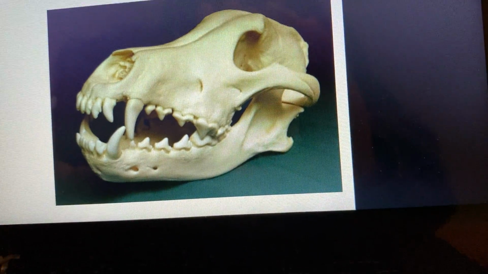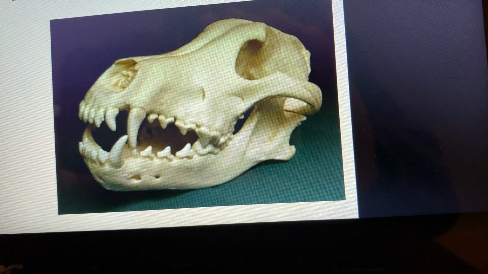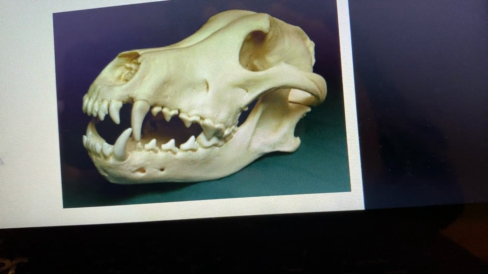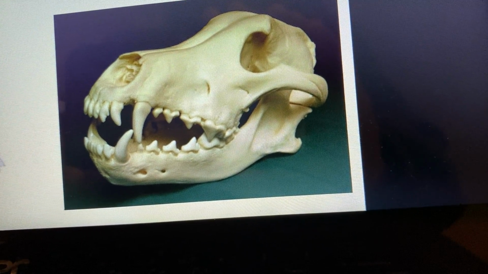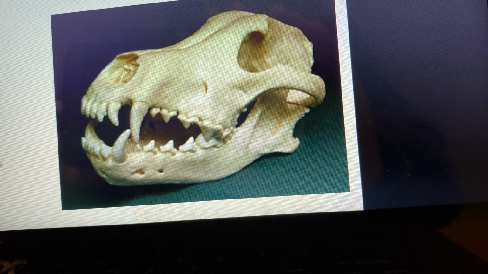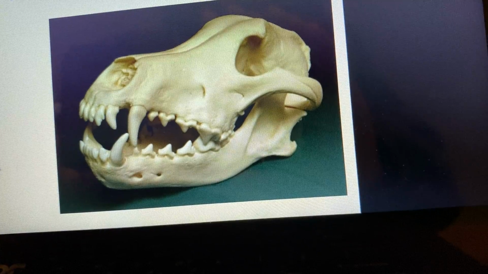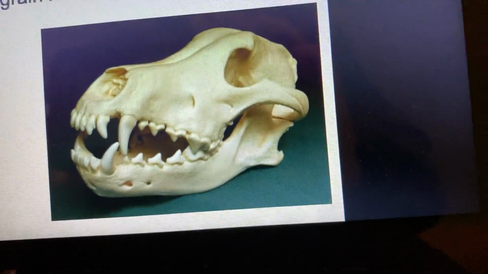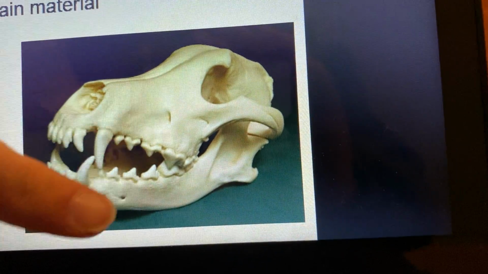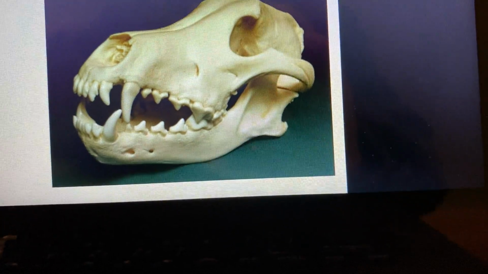If you look at these teeth, they are definitely pointy. And they're actually kind of curved back towards the throat. So it can grip that prey, whatever the animal might be. It grips it and then it will tear it and cut and shred back on those molars.